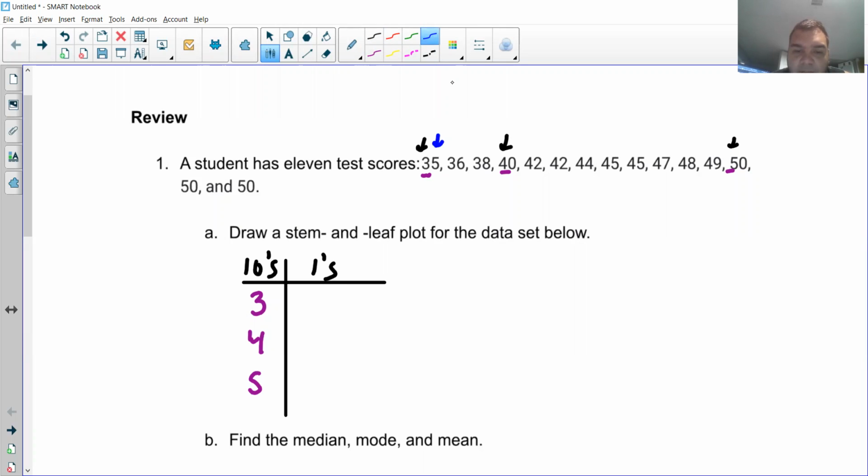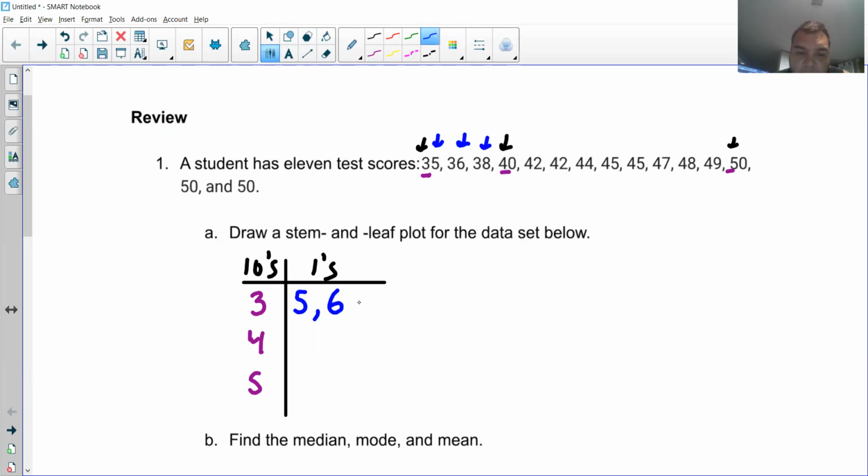So this is 35. So in the 30s row, you're going to put a 5. So you read it as 35. Next one is 36. So next here, you're going to put on the 3 row, 6. You read it as 36. 3 is the tens digit, and 6 is the ones digit.